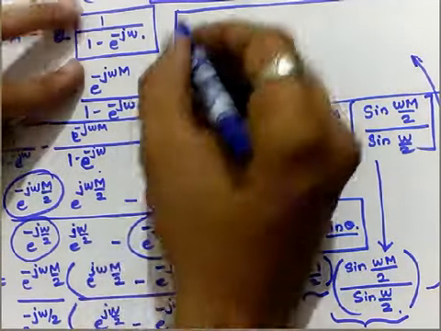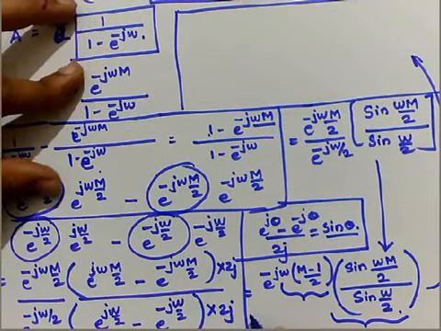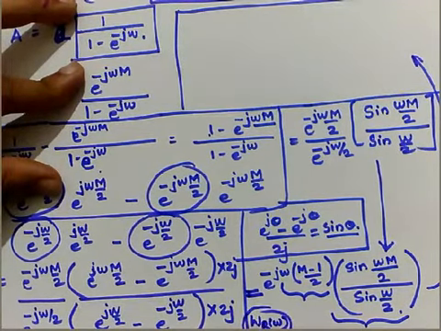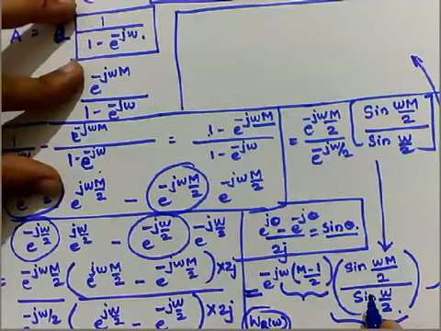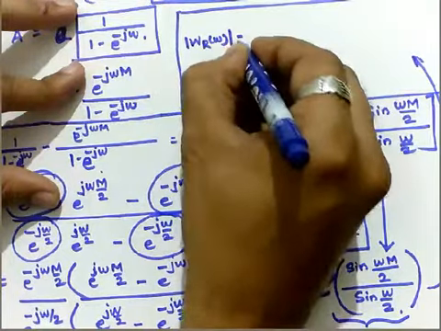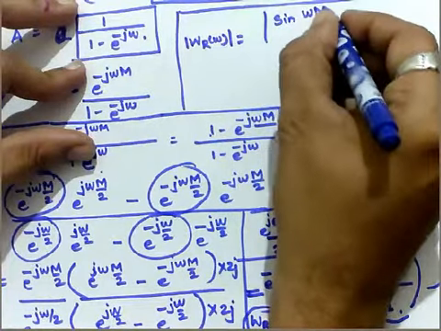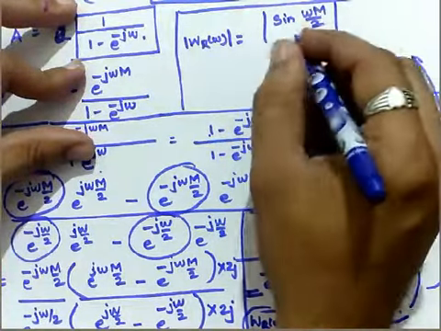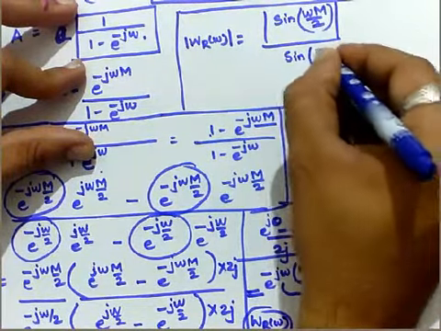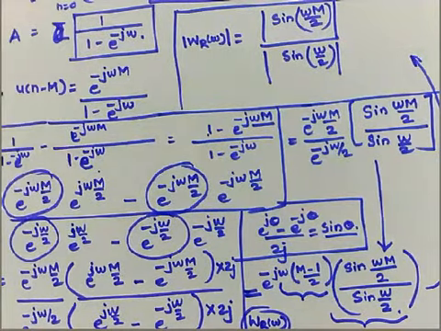So what is its magnitude? Because ultimately this equation we solved is for WR of omega. This is nothing but WR of omega equal to this entire term. So when we take mod of WR of omega, it is nothing but mod of sine omega m by 2 by sine omega by 2. So this is nothing but actually the magnitude.